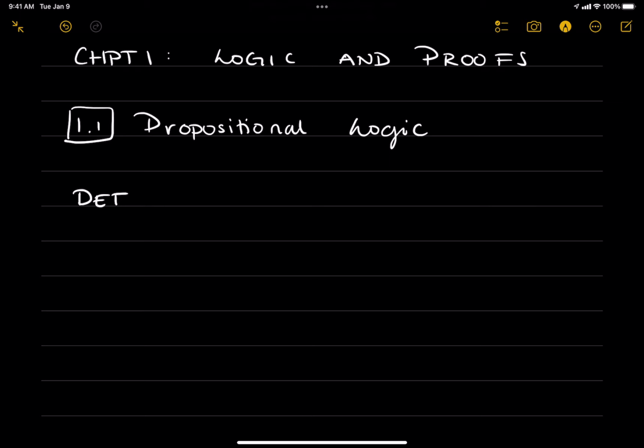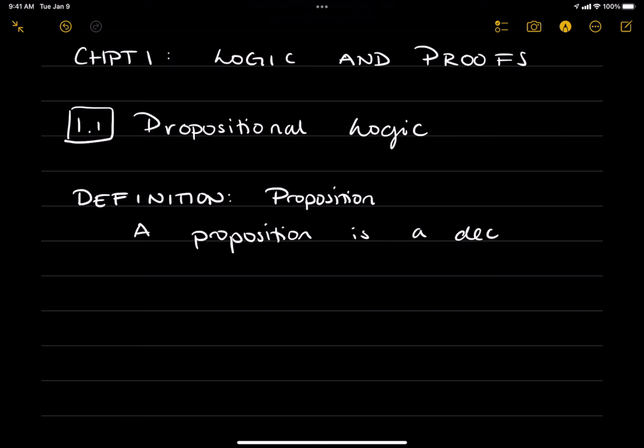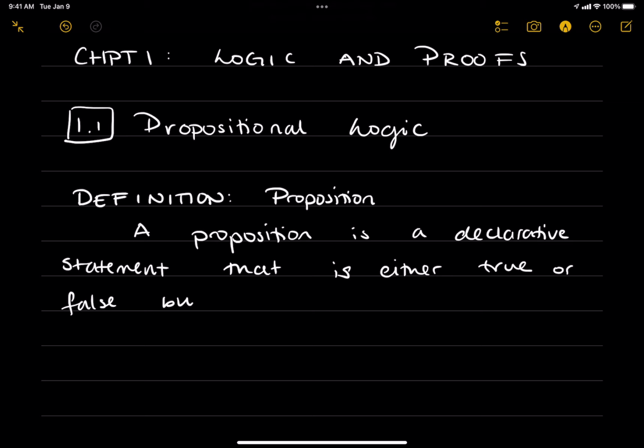So, definition. A proposition is a declarative statement that is either true or false, but not both.